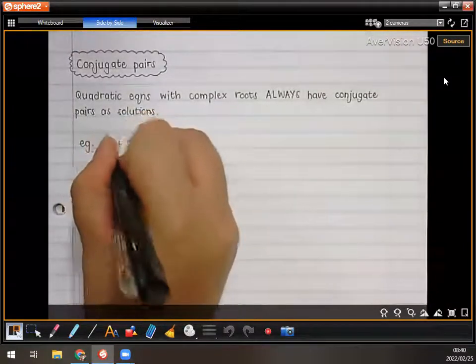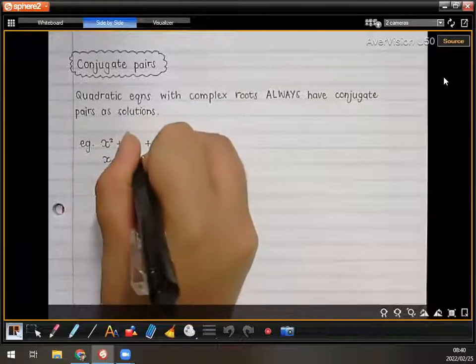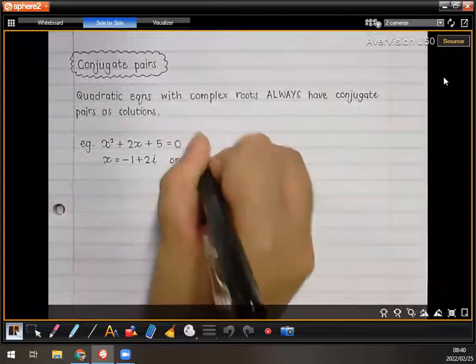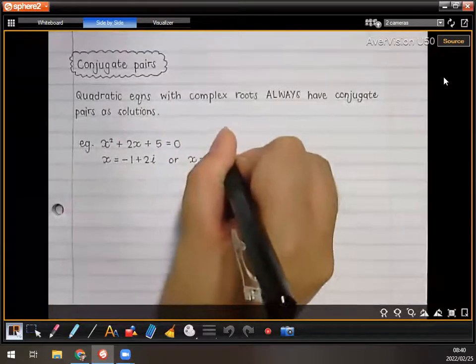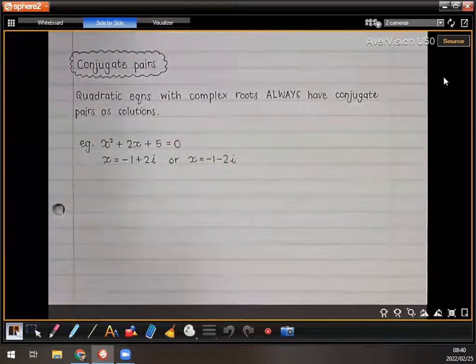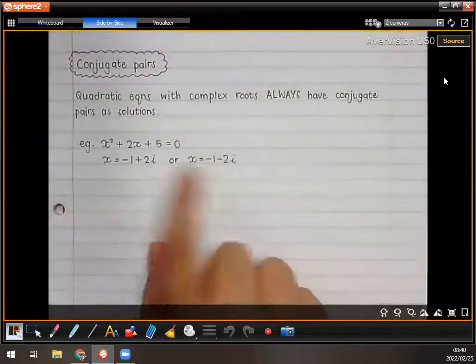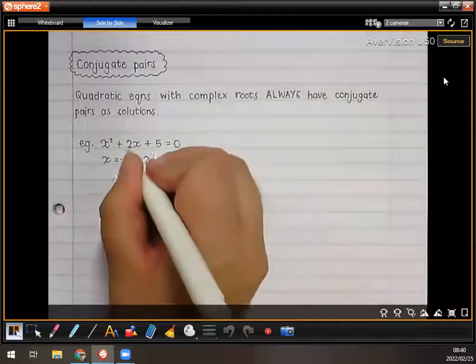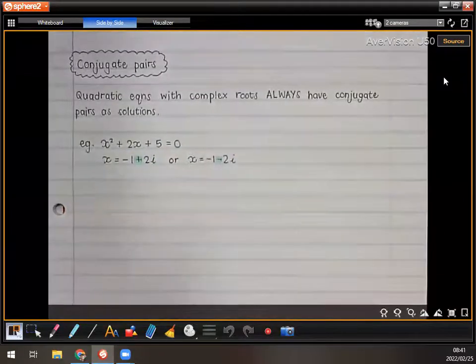We got that x was -1 plus 2i, or x is -1 minus 2i. Now instead of writing them as one thing, I'm writing them as two separate values. Let's highlight those signs in between the two terms, because that is what makes them conjugate pairs. The fact that we have the same terms, but a different sign in between them.